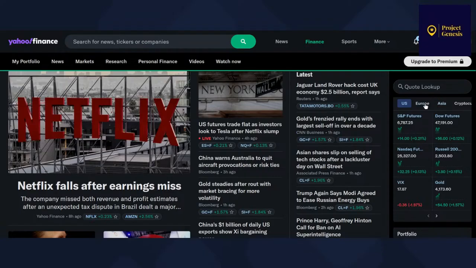People tend to have FOMO, and people are fleeing gold, silver, platinum, and palladium, and copper, and moving their money into other things. All right. Flat for the day on the UK 100, positive on the German 30.